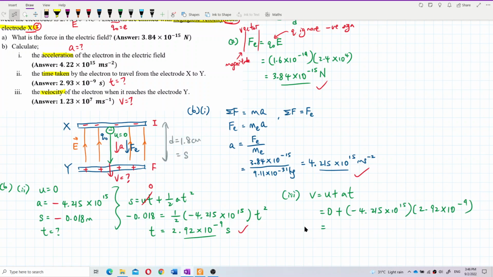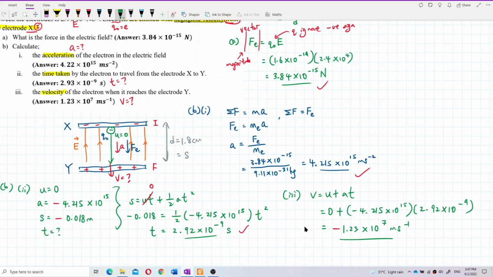So what's my answer? 2.92 exponent negative 9 multiplied by negative 4.215 exponent 15. I got the answer negative 1.23 exponent 3677 meter per second. Okay, that's the answer.